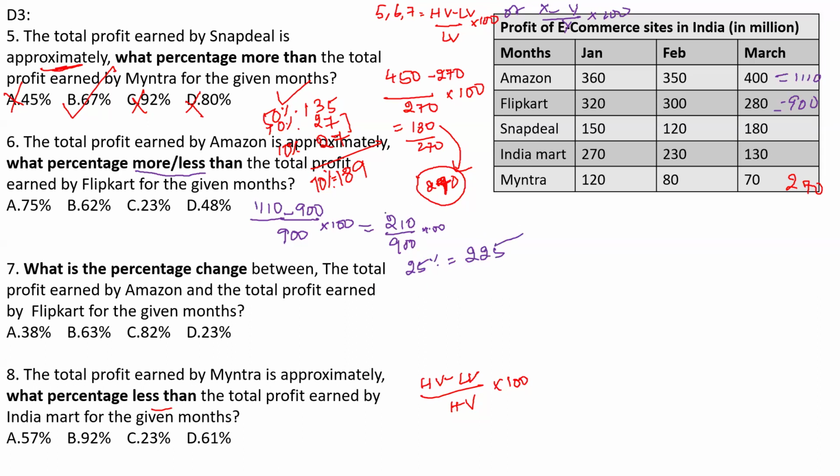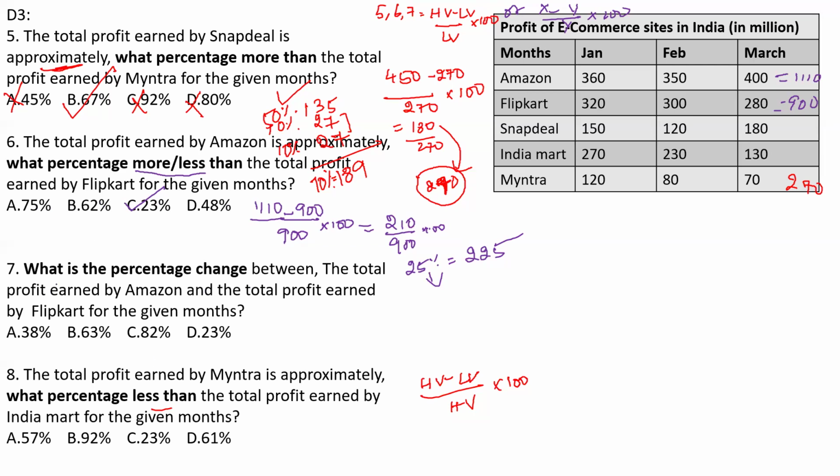But the answer you want is around 210. The answer is nearer to 210, which is like 25%. For sure, you know the answer would be less than 25%. The option given less than 25% is only 23%. Within 20 to 30 seconds, you can do it.